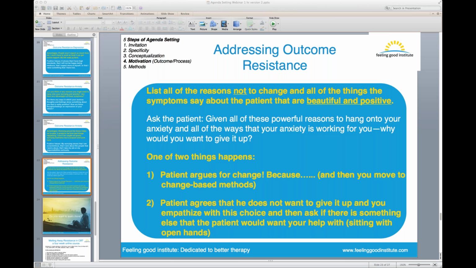So let's see, someone said, is this method applicable to populations seen at community mental health or county mental health clinics? So here's what I think. I think this is applicable to anyone. The question is, I don't know your mandate from above. If you're in a position where you are told you must treat every patient that walks in your door for X number of sessions, well, then it's going to be very challenging to have a good collaborative agenda, right? You're going to feel obligated to treat someone against their will.